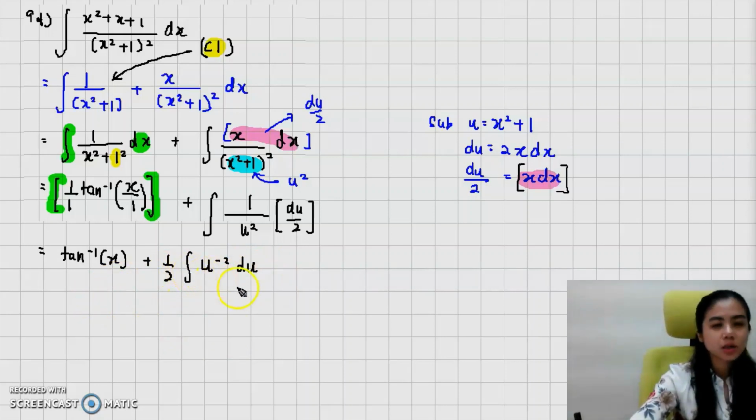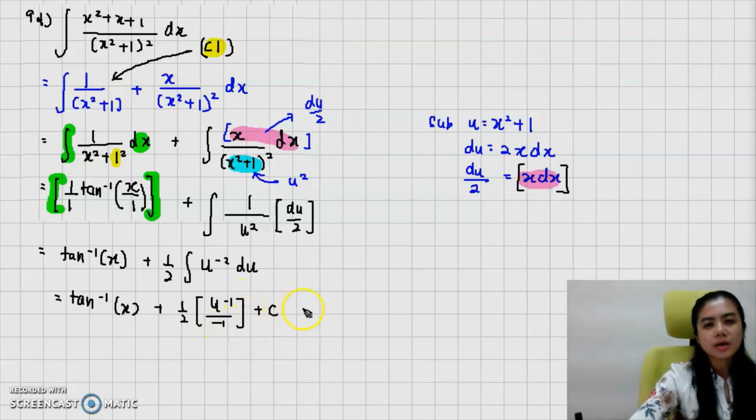It's very easy to integrate this. This actually gives you u to the minus 1 over minus 1. Simplify it some more, so this one is minus 1 over 2, u to the minus 1, that is over u.